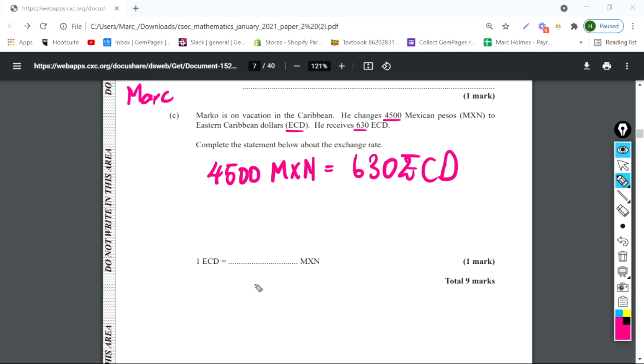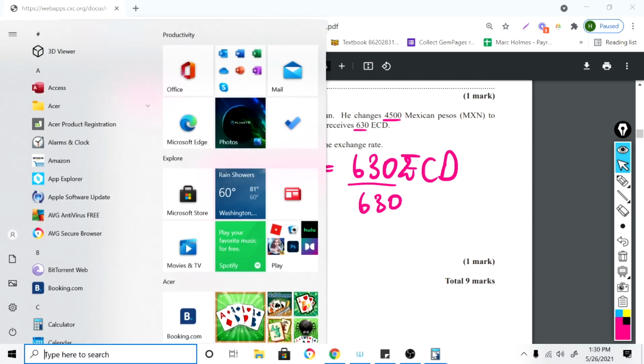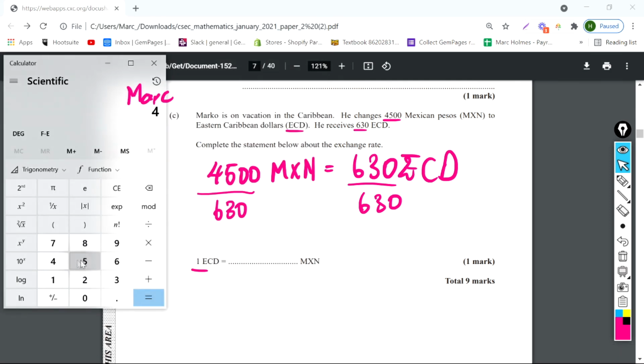So it asks us about the exchange rate, guys. It's asking us how much 1 ECD is equal to in Mexican pesos. So all we have to do here is divide this 4,500 by 630. Basically divide both sides by the 630. Let's put it in our calculators. Let me show you guys. So 4,500 divided by 630.